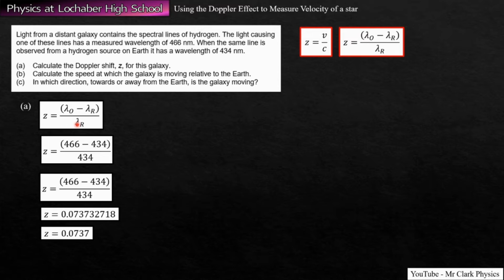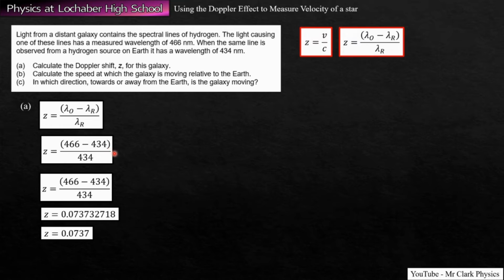And the reason that's the rest one is because when we're in the lab, the sample isn't moving compared to us. You might say, well, why have I not bothered to write in the nanometers? This whole term is nano, nano, and then it's divided by nano. There's a common factor of nano up and down above the line. So that means it's going to end up cancelling out. And I'm just making it a bit simpler.